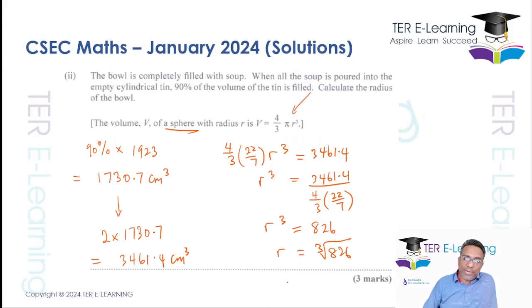So not square root, cube root. So this radius here is going to be about 9.38. That's the radius of that bowl that they're talking about here.